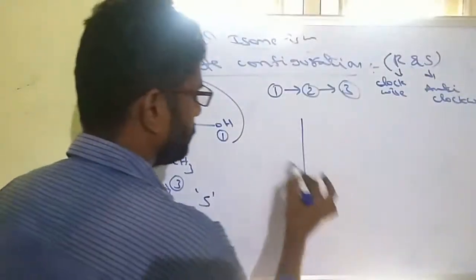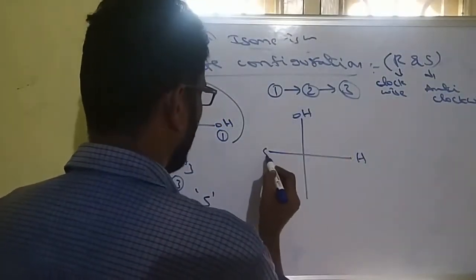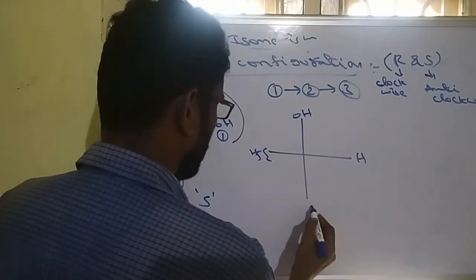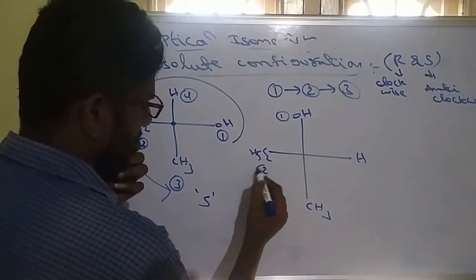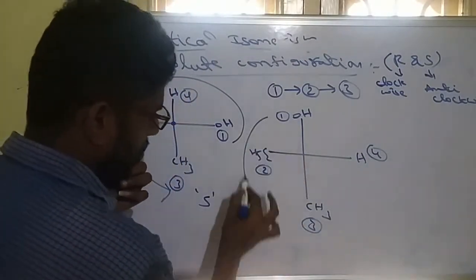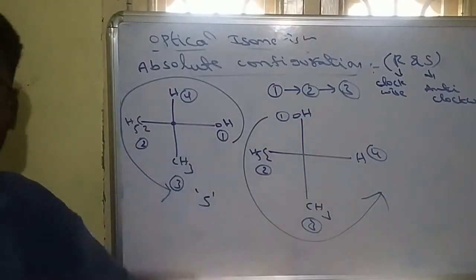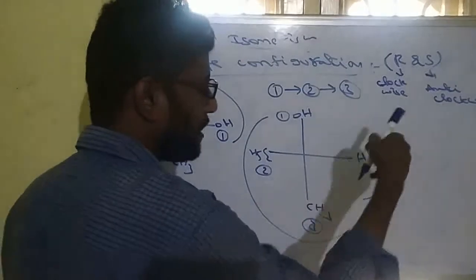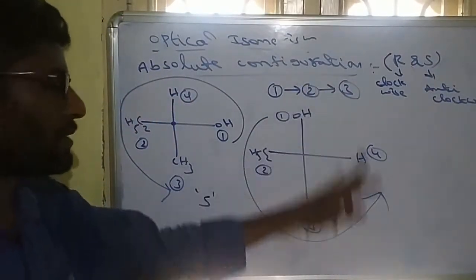So like this, hydrogen is here suppose, and OH is here, remaining as usual, C2H5, CH3. Oxygen highest atomic number, second C2H5, third CH3, fourth is hydrogen. Observation 1 to 2, 2 to 3. This is again anti-clockwise, and anti-clockwise means the answer will be S. But here hydrogen is the least priority and it is not present in the vertical bond.